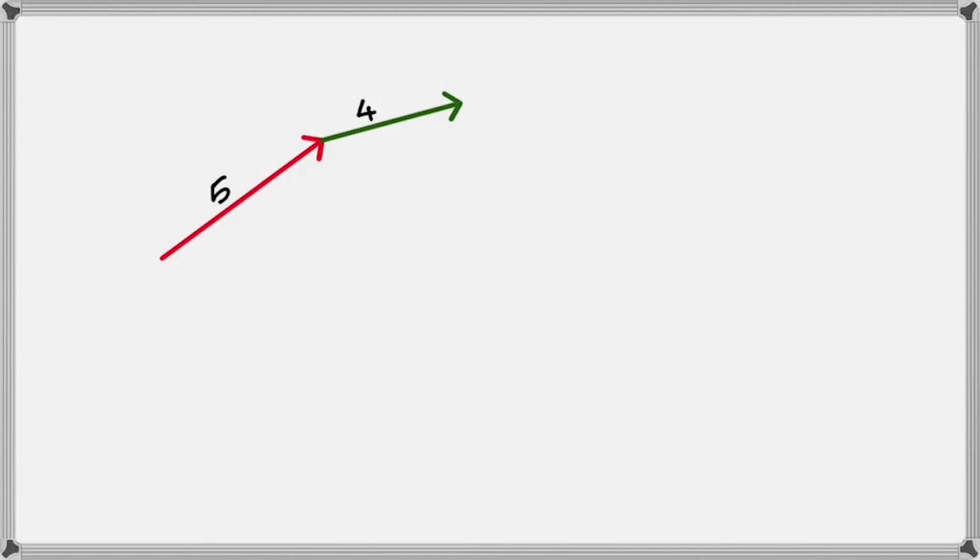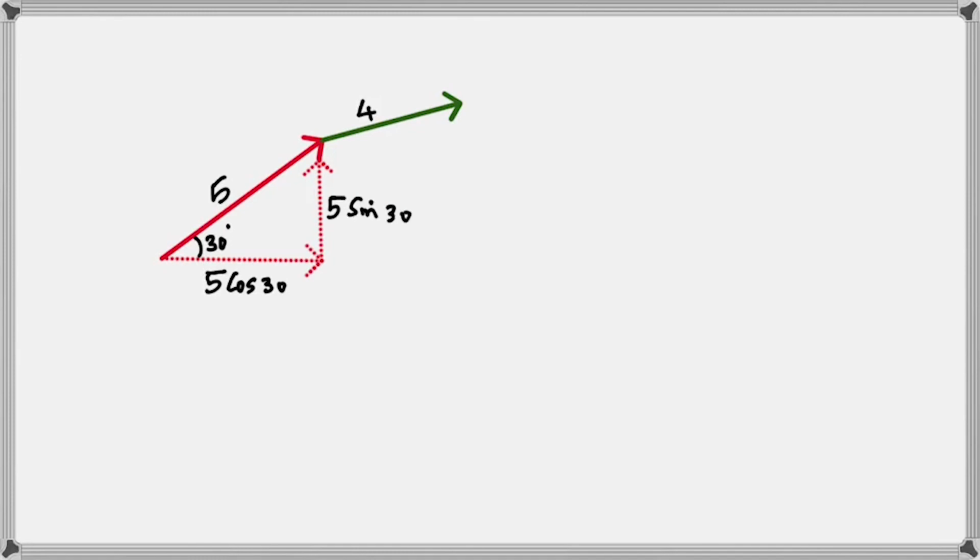Let's go. First, for the red one, 5 units. The x component and the y. That would depend on the angle. So if this is 30, do you know that this is 5 cosine 30? I'm reminding you. Are your memories coming back? 5 cosine 30, and this would be 5 sine 30.